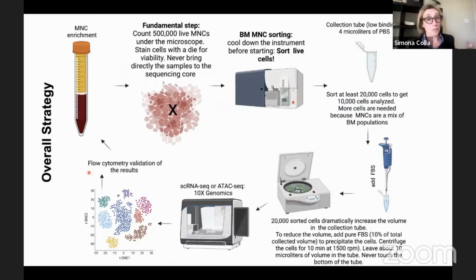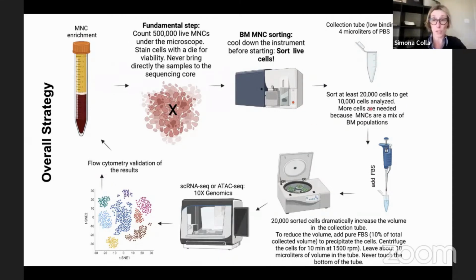And it's clear that if you sort mononuclear cells, I would suggest sorting at least 20,000 cells to get 10,000 cells, because here we are sorting many different populations. So it's not a pure population anymore. You need to dissect the populations very well and get a differential expression analysis between the groups you want to compare.